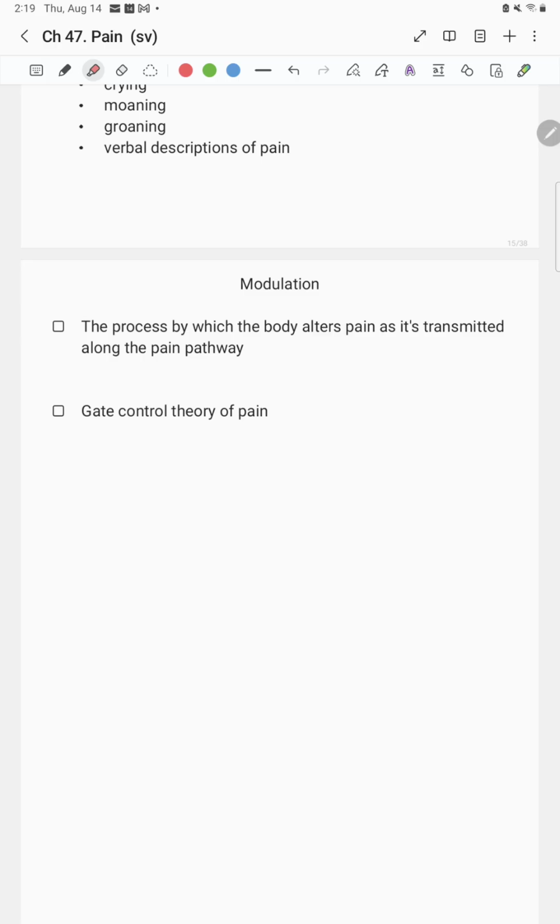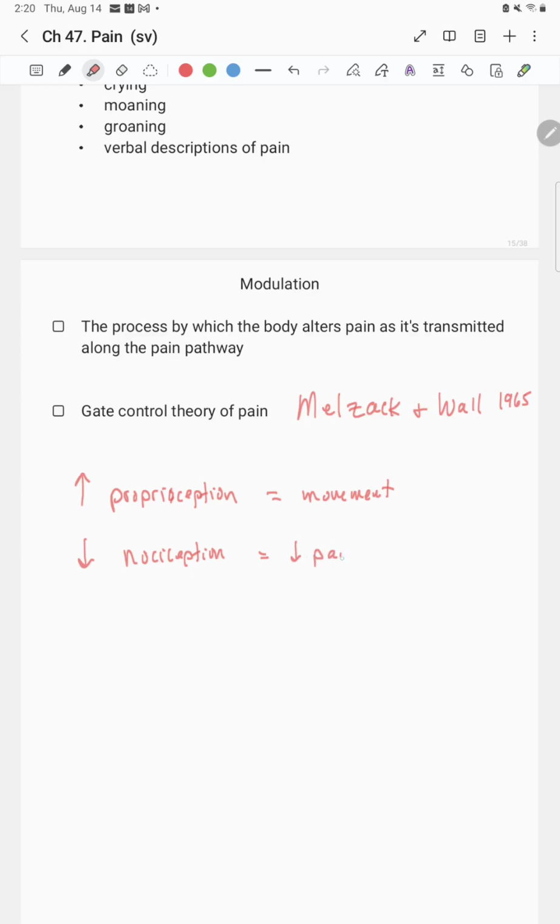Okay, the gate control theory of pain was coined by Melzack and Wall in 1965. And they came up with this idea that if you increase proprioception, which basically means movement, then you decrease nociception, which means you decrease pain.